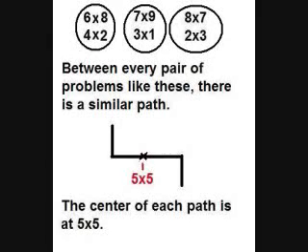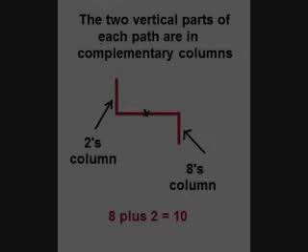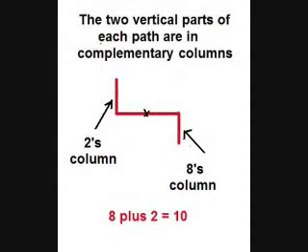Between every pair of problems like these, there is a similar path. The center of each path is at 5 times 5. The 2 vertical parts of each pair are in complementary columns. Here they're in column 2 and column 8.